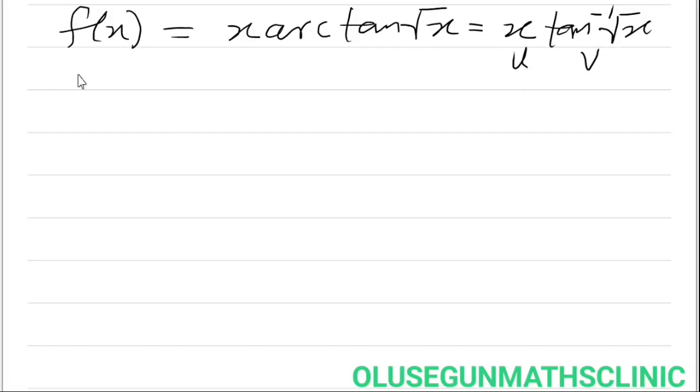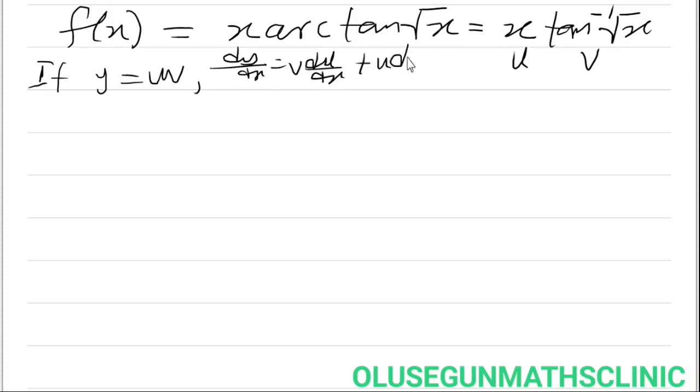Let's do revision about the product rule. If y is equal to UV, you know that dy/dx is equal to v du/dx plus u dv/dx. So now in the product rule, the first thing we do is find f prime.